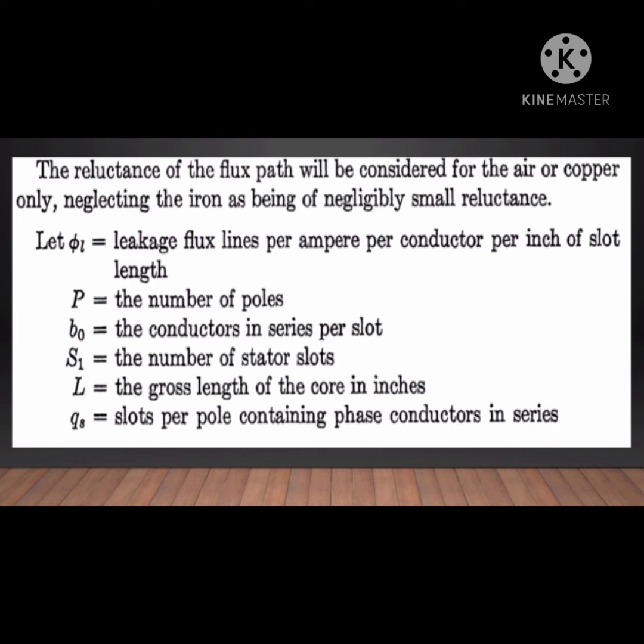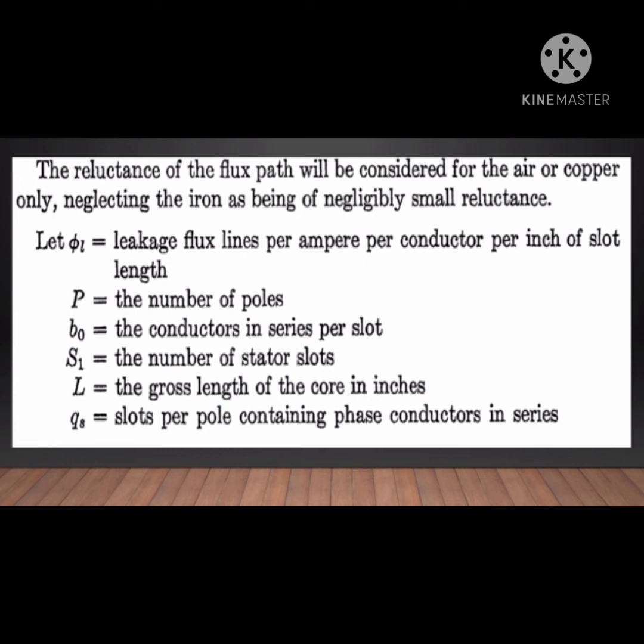So, meron tayo dito lambda sub L, which is the leakage flux lines per ampere per conductor per inch of slot length. Then P is the number of poles. B sub O is the conductors in series per slot. S1 is the number of stator slots. L is the gross length of the core in inches.